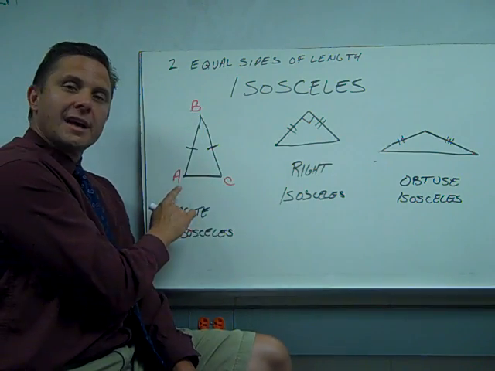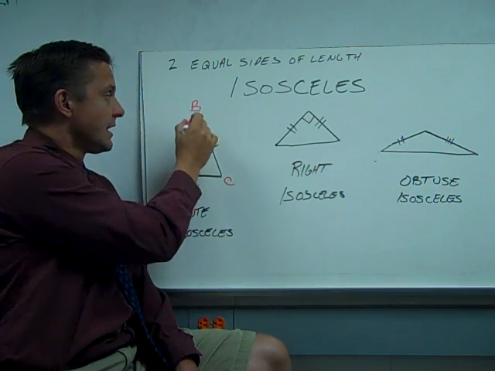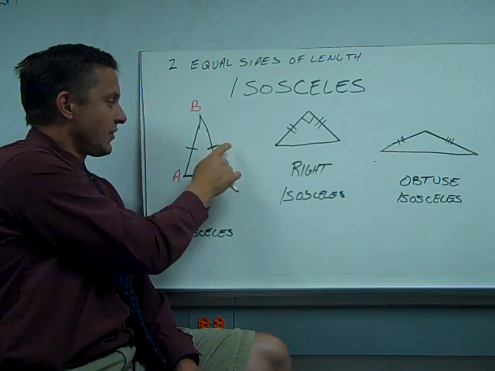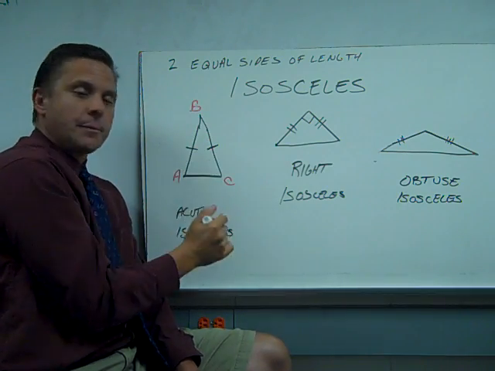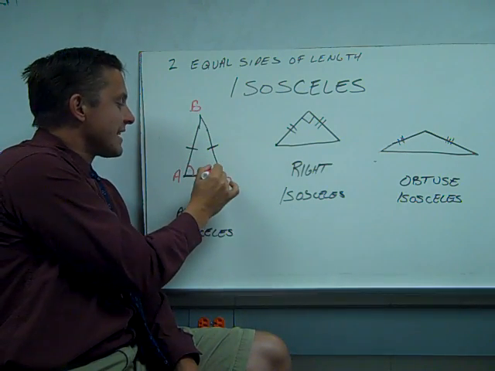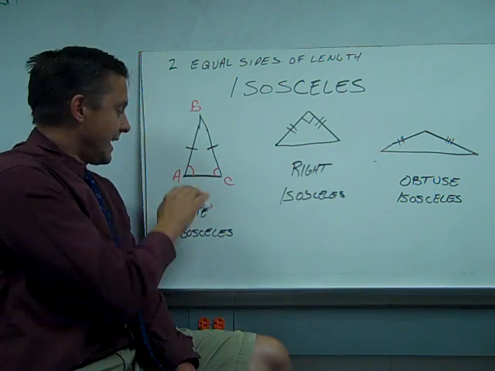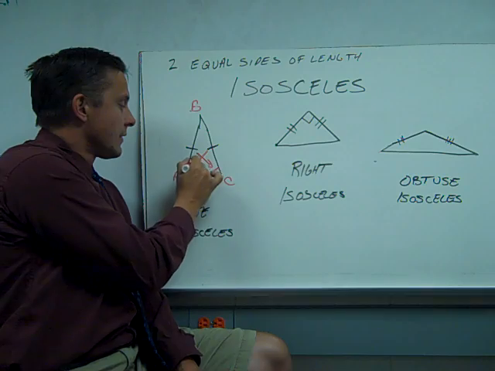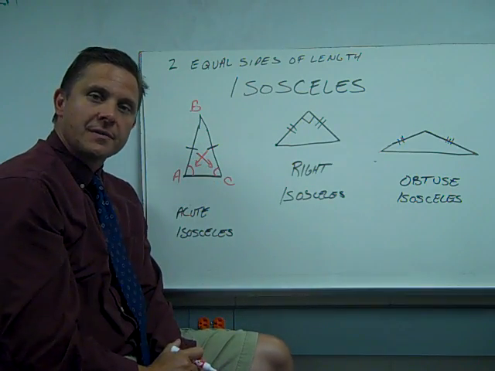And I could say triangle ABC is acute isosceles. You can tell two sides are the same by the tick marks. That AB and BC are the same. It also means that the opposite angles, angle A and angle C, will be identical. These angles opposite the sides.